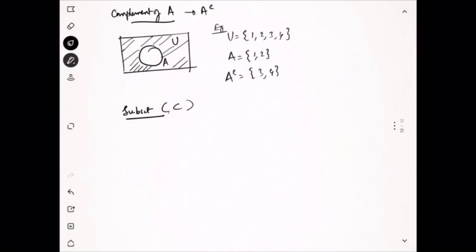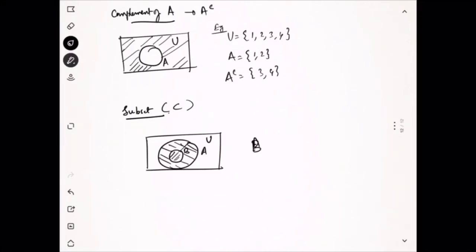Suppose you have a universal set and you have the set A, and another set B which is contained in A. Then we can say that B is contained in A, so B is a subset of A.